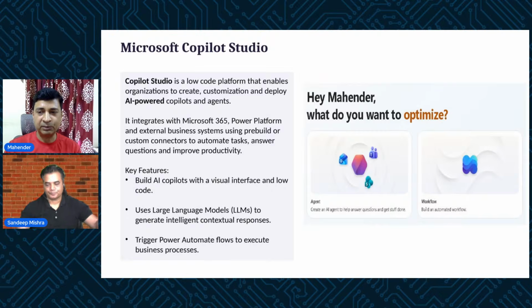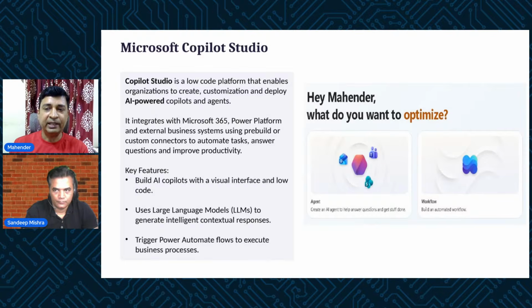And all the commands and prompts that you are designing, you can write in simple natural language, just like we are speaking to someone. You can use the same language to give commands to the agent, and the agent can be configured to act upon all those natural language prompts that we are providing.